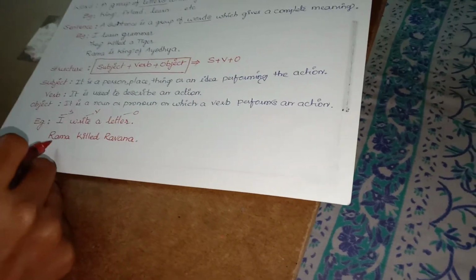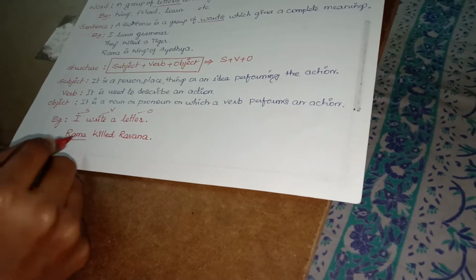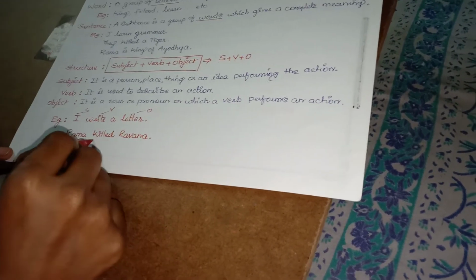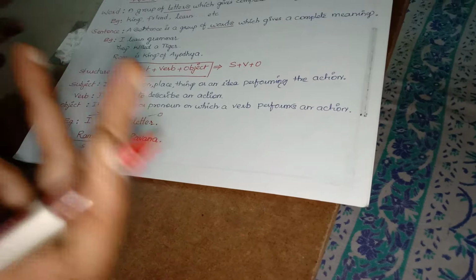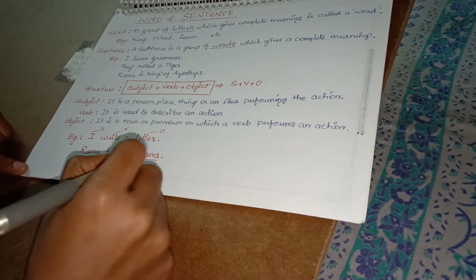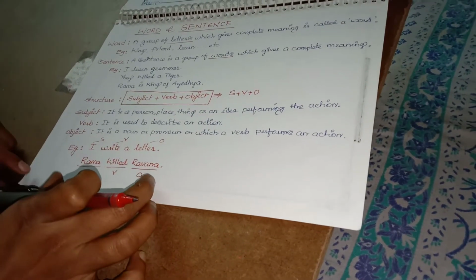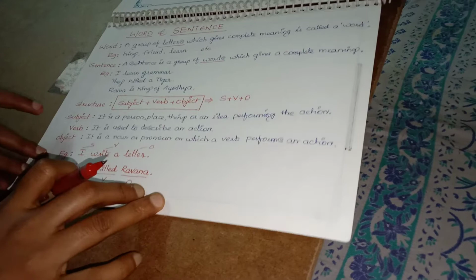In the second example I have given: Rama killed Ravana. Who is the main person of the sentence? Rama, the subject. What did he do? Killed, the verb. And whom did he kill? Ravana. Ravana is the object. In this way every sentence follows this formation.